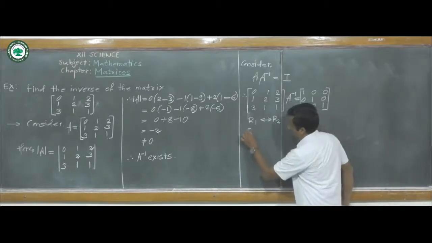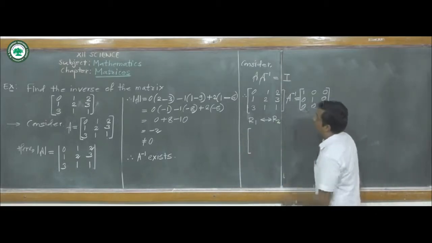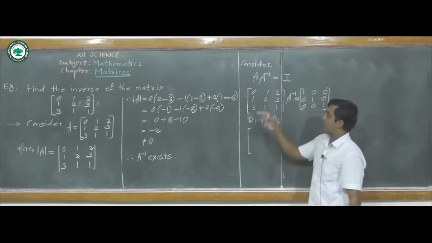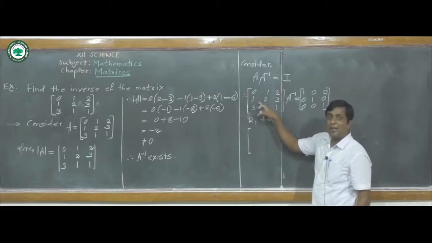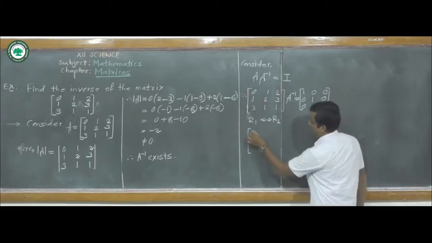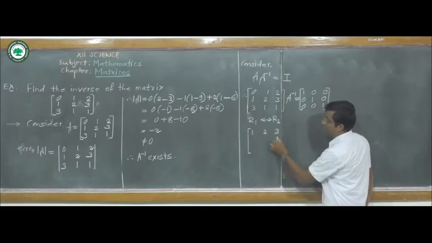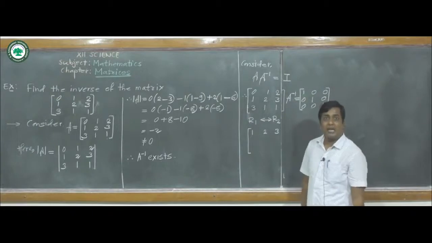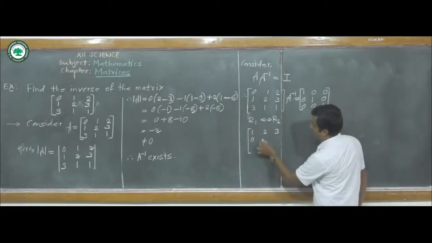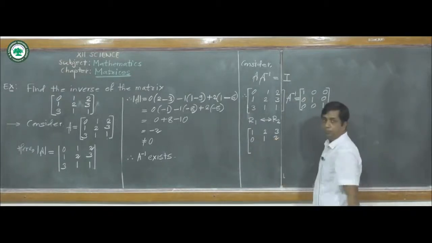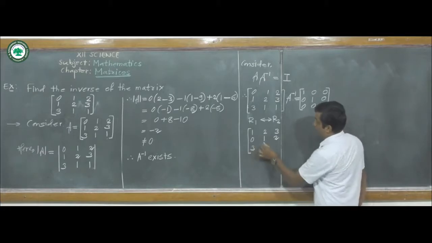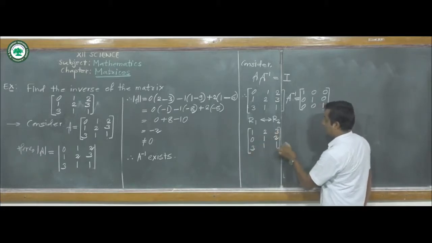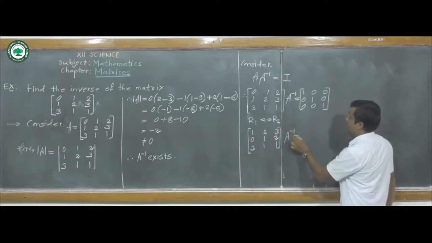So inside the matrix, in the position of the first row we consider the elements of row second, that is 1, 2, 3. Now for the position of row second, we consider the elements of row first, that is 0, 1, 2. Then the last row as it is, into A inverse is equal to.